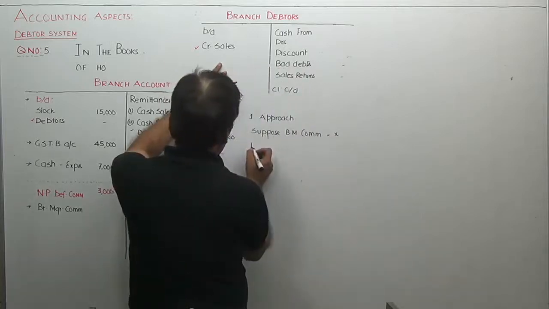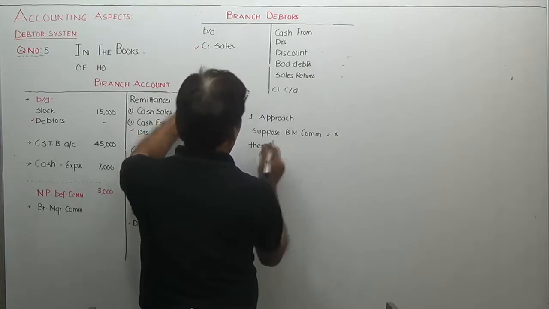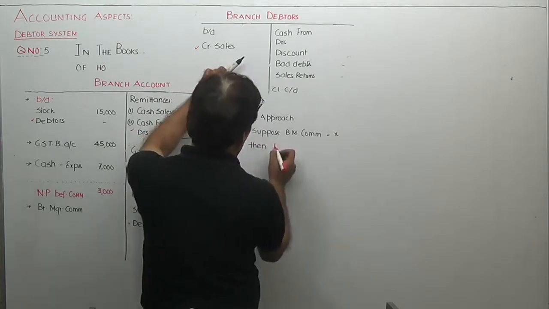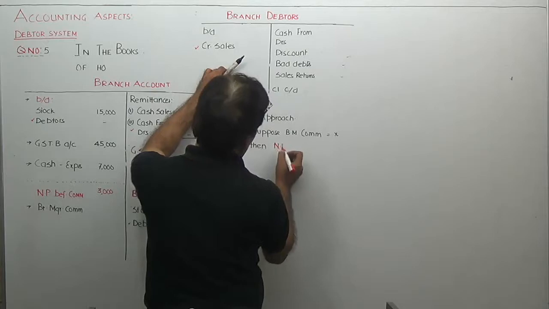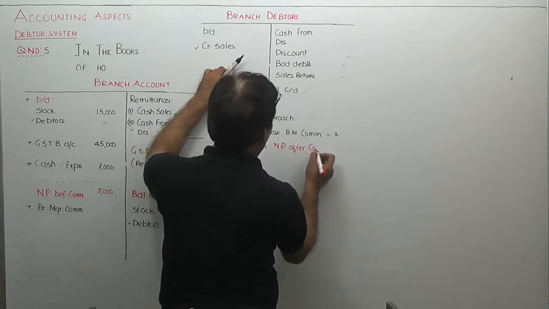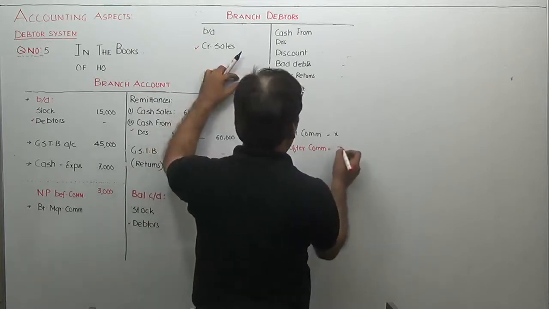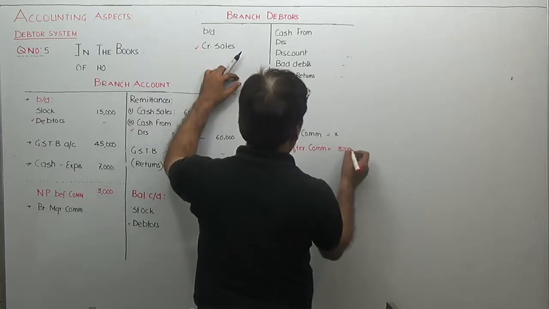Then net profit after commission will be equal to 3,000 minus X, isn't it?